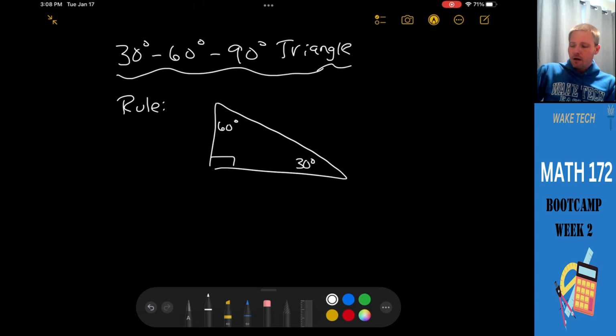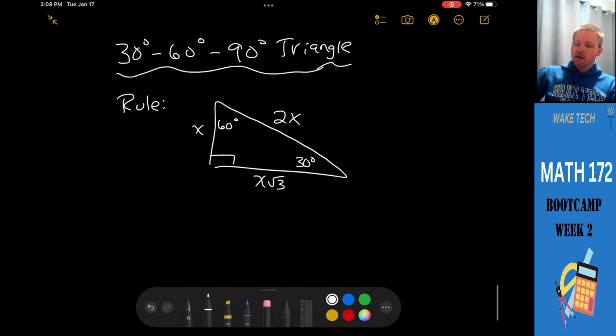I don't know how everybody may have labeled it during class or in their materials, but how I label this is across from the 30-degree angle, I'm going to label that side as X. Across from the 90-degree angle, I'm going to label that side as 2X. And then across from the 60-degree angle, that side gets labeled as X times the square root of 3.